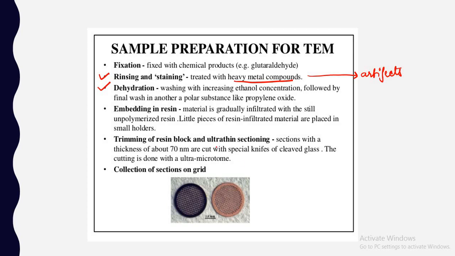Then the next one is fixation. The samples need to be fixed with some chemical products. After that, they are embedded in resin. If you see this grid, they are allowed to embed on these small holders right here.